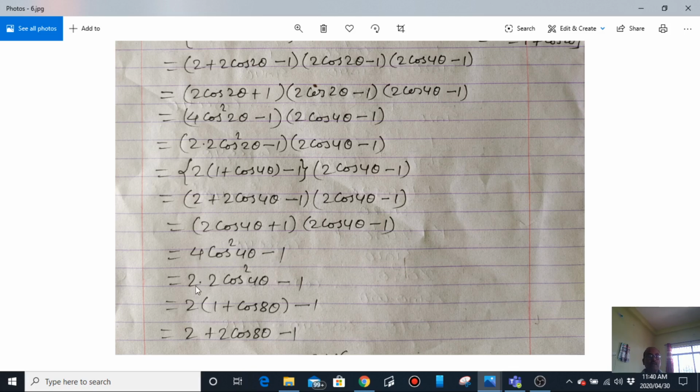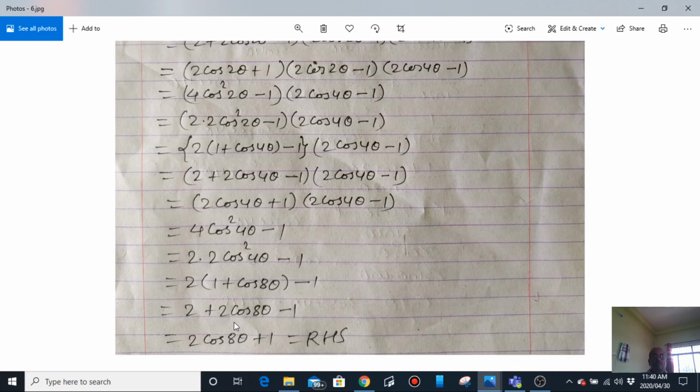Now 4 can be written as 2 into 2 cos square 4 theta minus 1. So again 2 cos square 4 theta is 1 plus double of 4, that is 1 plus cos 8 theta. Remove this bracket. 2 minus 1 will become plus 1. So 2 cos 8 theta plus 1.